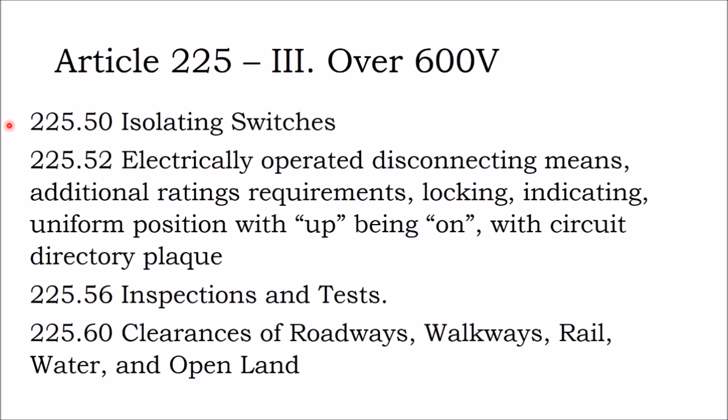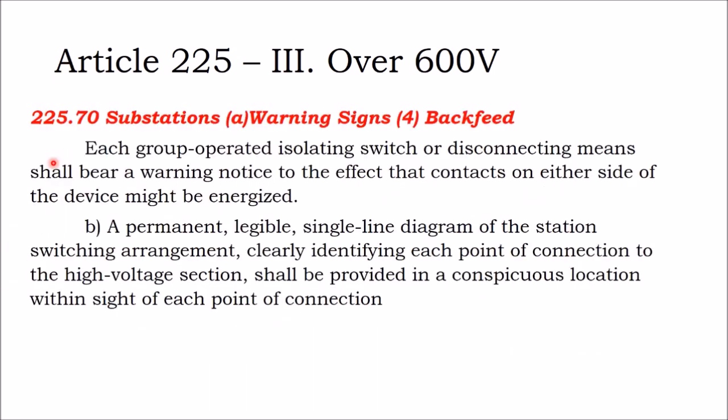And then there's special rules again for circuits that are over 600 volts. Then we get into electrically operated disconnecting means, additional rules for isolating switches, more inspections and tests, and clearance requirements. More labeling requirements.